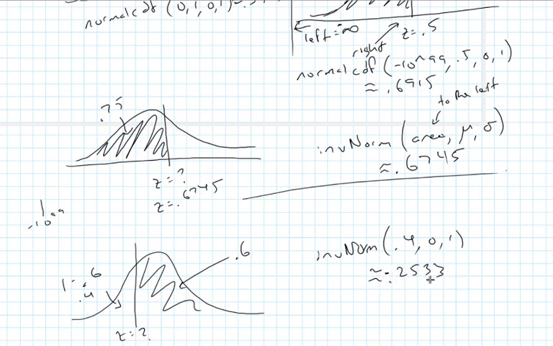You'll notice that this is less than 0. It's negative. That actually is expected because you can see I have more than half of the area to the right of my line, less than half of the area to the left, which means I should be to the left of the mean, in other words, less than 0, since my mean was 0 in this instance.